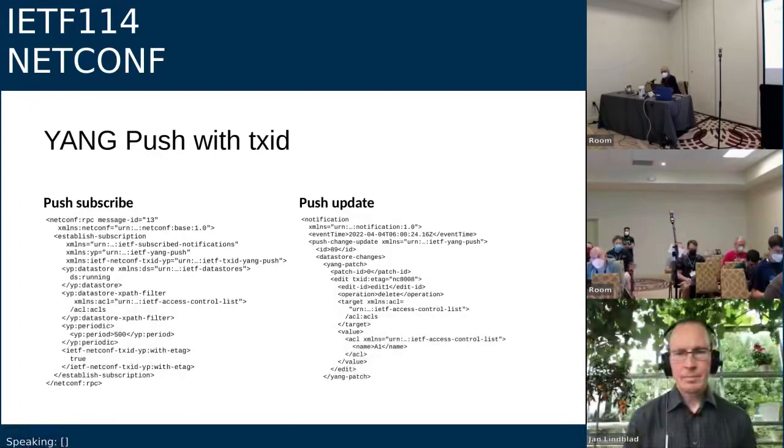Go ahead, Kent. Kent Watsen. I'm thinking the timestamps, maybe it's okay to use second level resolution, and for clients where it matters, they shouldn't use last-modified. Instead, they just use the ETag, and that's what they do.